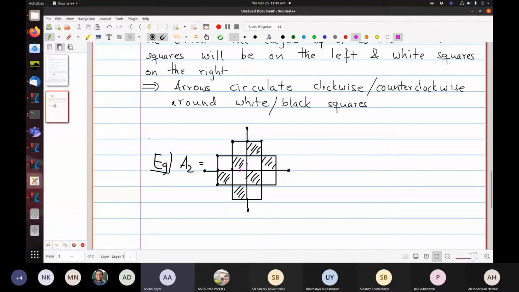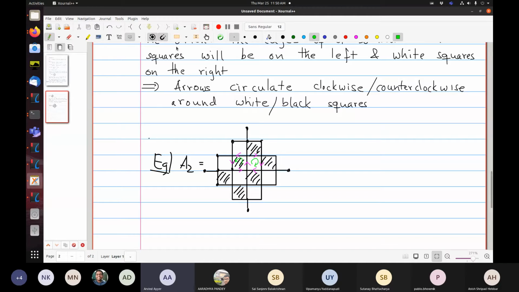So this is in this direction, here in this direction, here in that direction. I hope that's clear. So this is going clockwise or counterclockwise along a black square, and if you repeat the same thing here, it's going clockwise around, clockwise here, and counterclockwise here. Any questions?